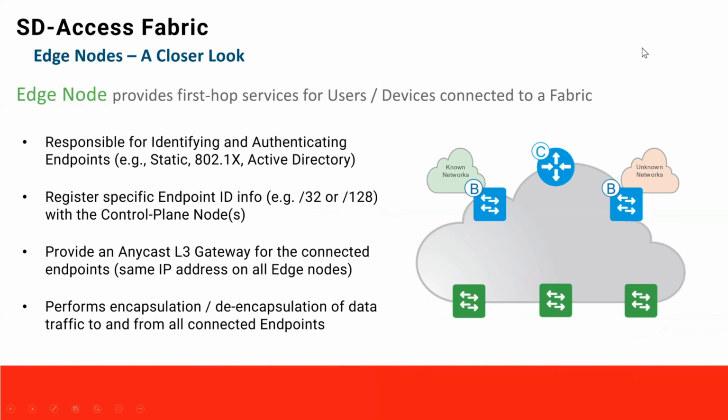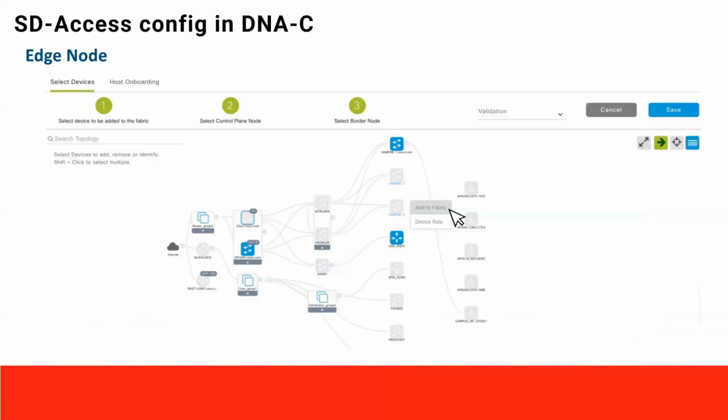So this is all about the edge node. In DNA Center, you just need to click on that specific edge node and use the option of add to fabric. When you do add to fabric, the device turns blue, which means it is a part of the fabric.